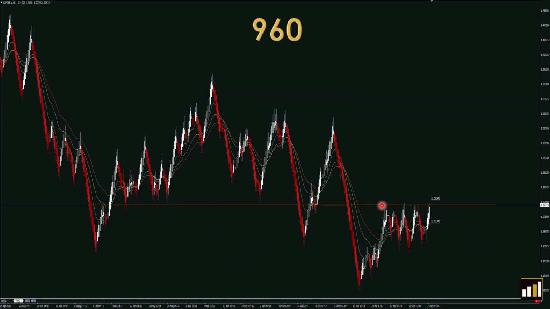Let's say that we have our multiple tops here and it breaks the multiple tops. And then we are just looking where else we can find potential targets, just in case prices are interested in moving up and that motive wave is moving all the way up to the next targets. So all we're doing on the 960, if we can't find anything good on the 480, is looking for targets.